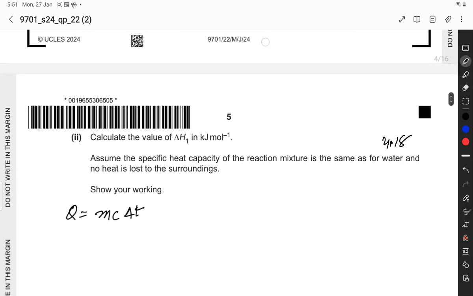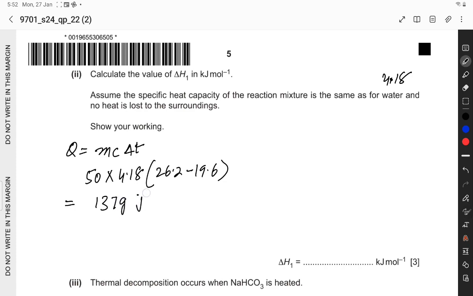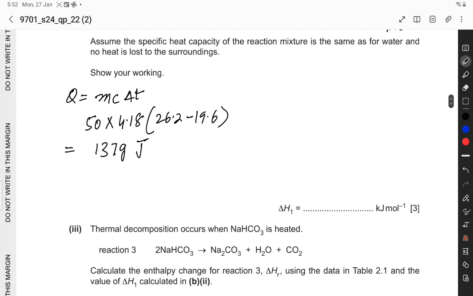So Q is equal to mc delta T. By putting the values, m is 50, specific heat capacity is 4.18 and delta T is 26.2 minus 19.6. The value is 1379 joules, because the unit of Q is joule.